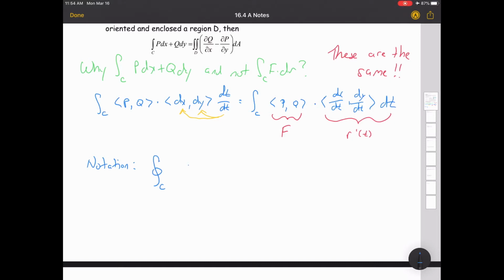What that does is it implies that it's a line integral of a closed curve C with positive orientation.